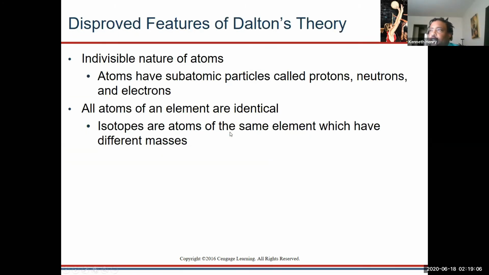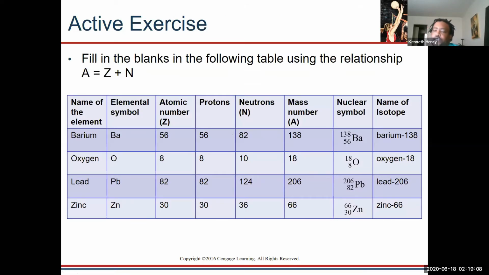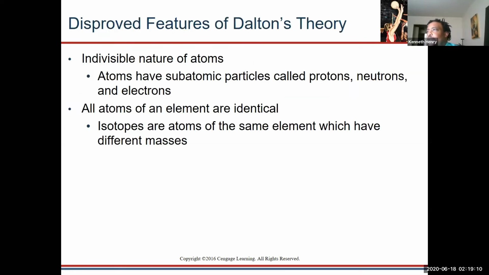Oh, we already talked about this. You guys are already ahead of the game. When we talked about what was disproved in Dalton's theory, they're subatomic particles, right? So that means that you can break down to even smaller things. And then we also know that not all atoms of an element are identical because we have isotopes of those, right?